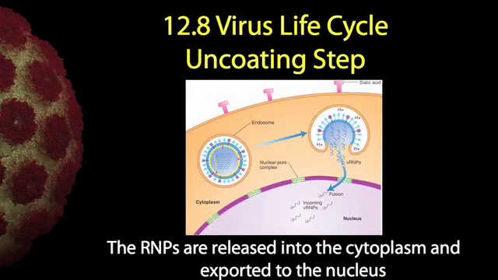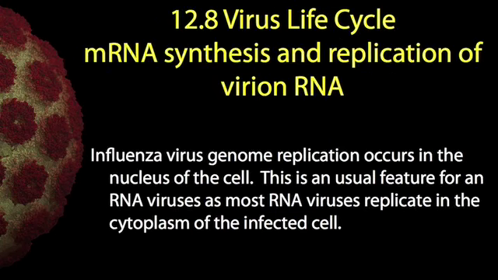Okay? Once the RNA leaves the viral particle, it's transported into the nucleus of the cell. And I'll point out that, again, the nucleus is an odd place for an RNA virus to replicate. And this is the only RNA virus I think that we'll talk about in class that actually replicates in the nucleus of the cell. All the other RNA viruses that we'll be discussing replicate in the cytoplasm.